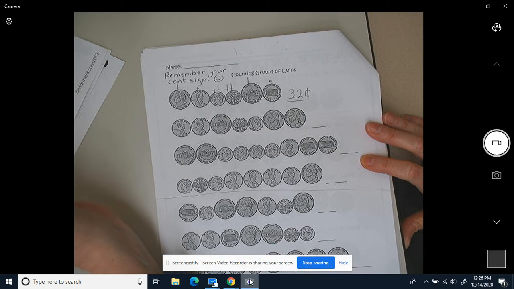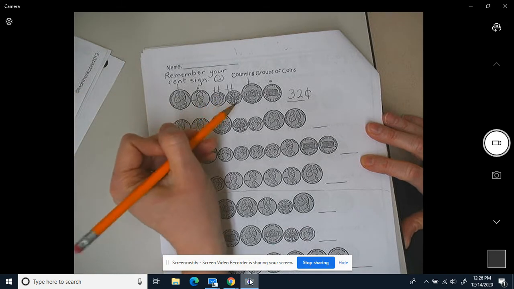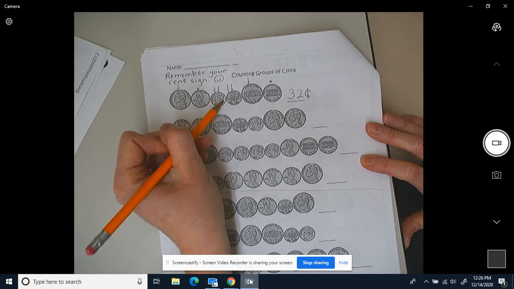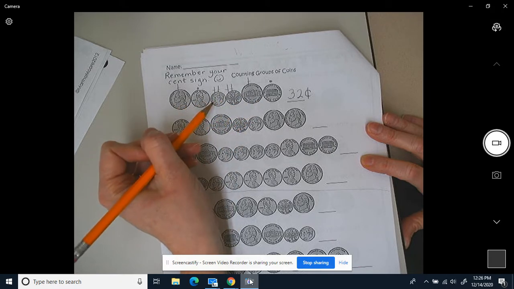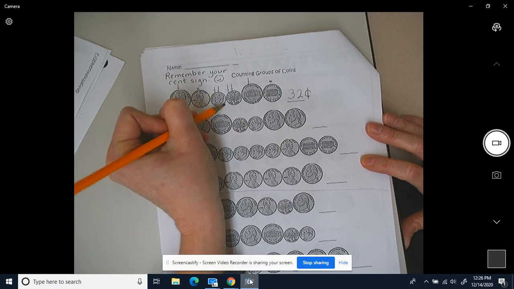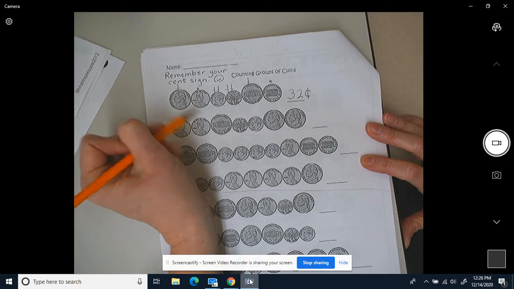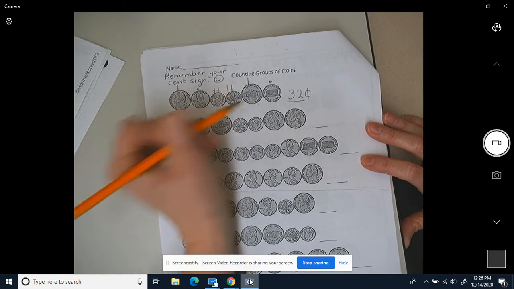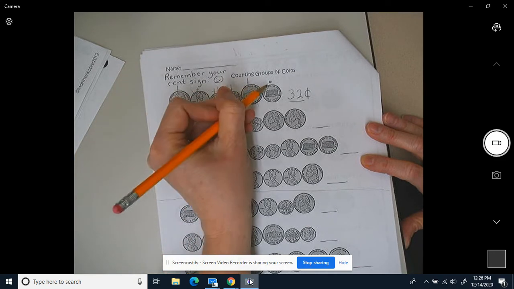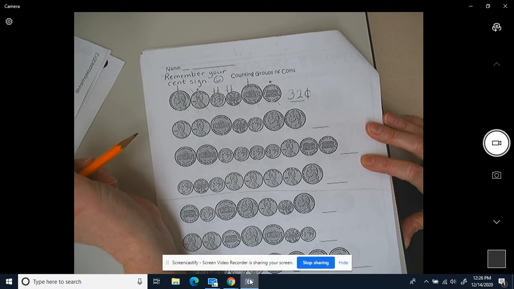Does that make sense? The other way we would have done it is to skip count by 10s, 5s, and 1s, where we would go 10, 20, freeze, 25, 30, freeze, 31, 32. If that way makes more sense to you, do it that way.